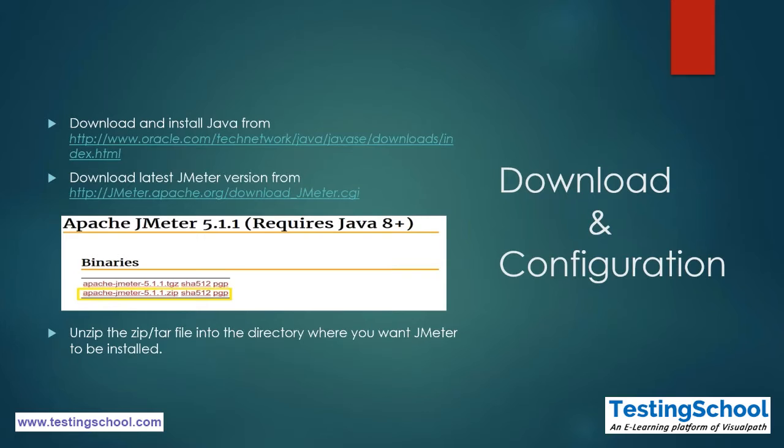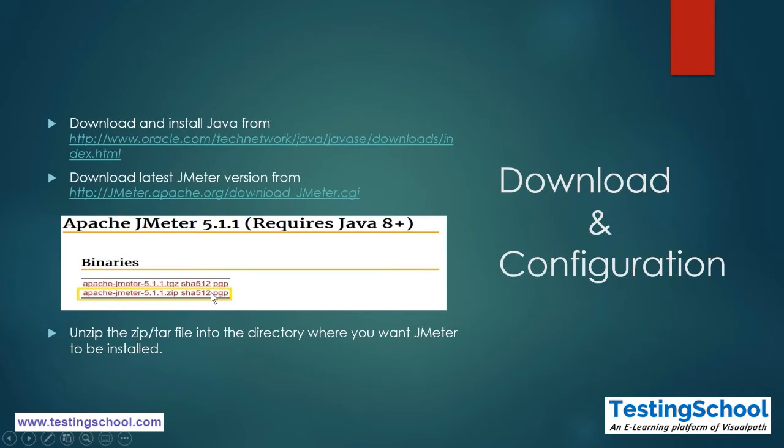So step one is download and install Java. On the screen you can see the Oracle website URL where you can go and download JDK as well as JRE. Coming to the JMeter version, we need to go to the Apache JMeter website, as mentioned in the second point, and download the binaries.